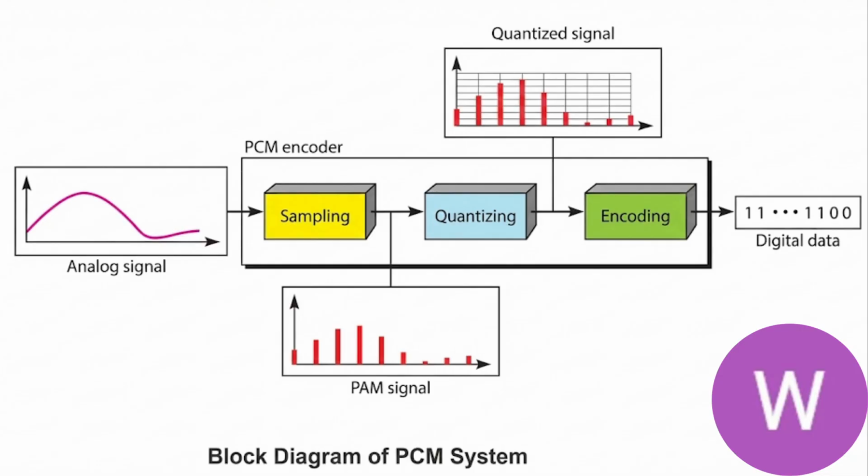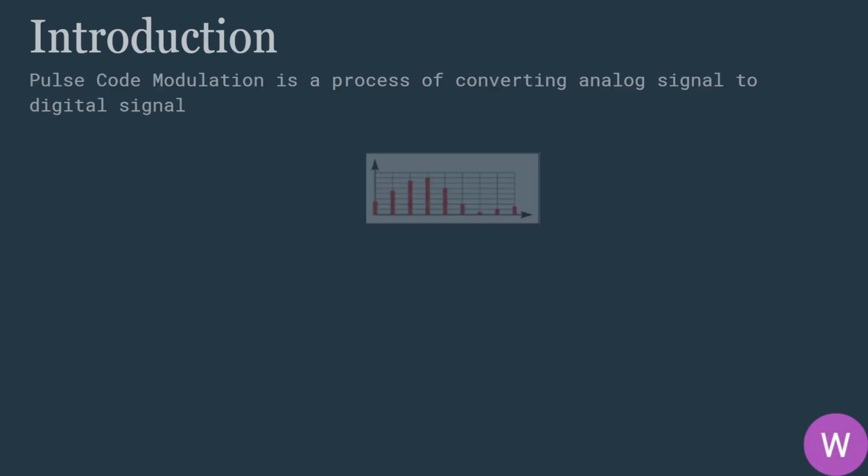This is how PCM, pulse code modulation, works. When we receive the analog signal, it will go through three stages. The first stage is sampling, then quantizing, and in the end, encoding, and the output for this system will be digital data.